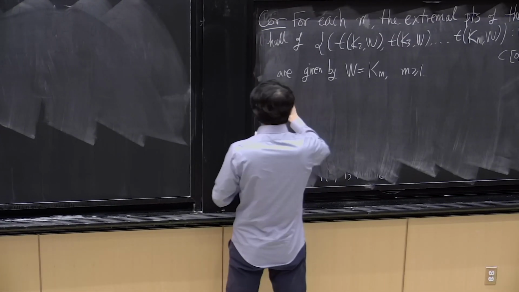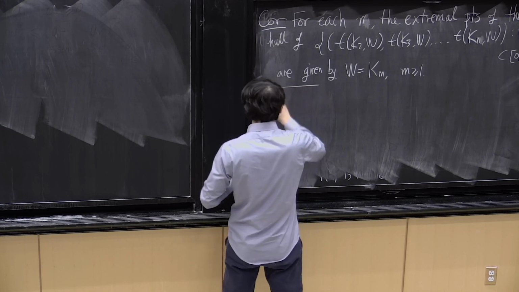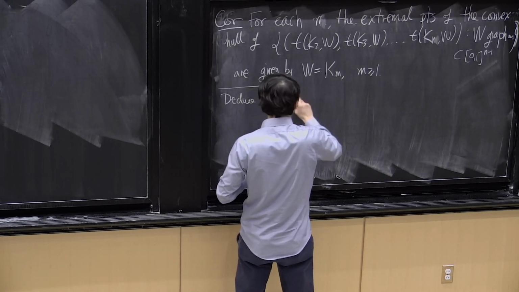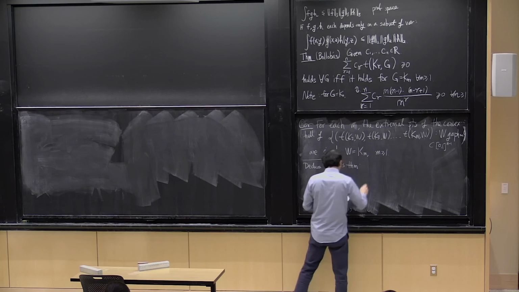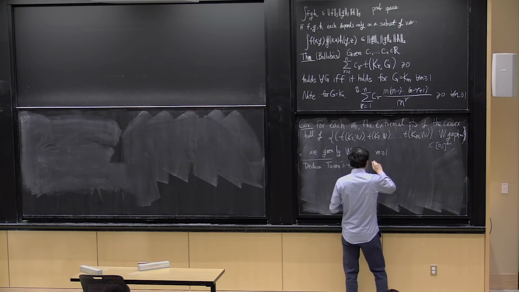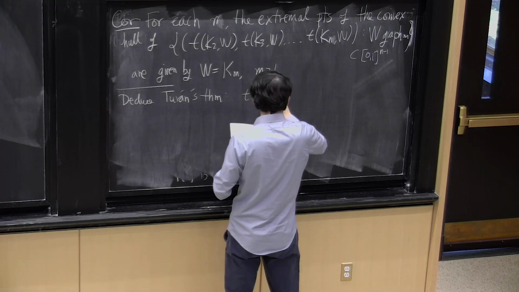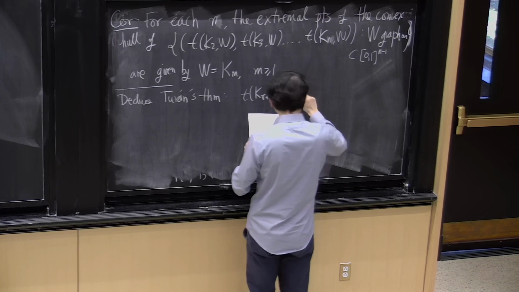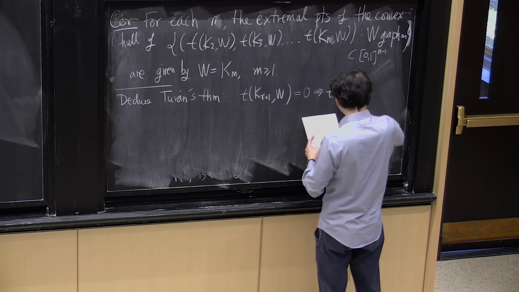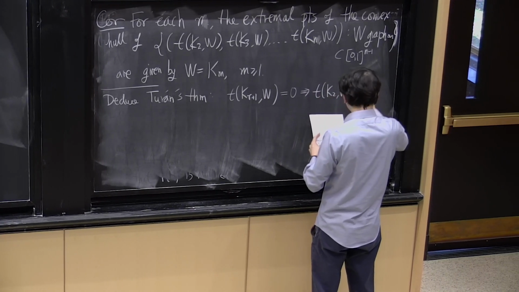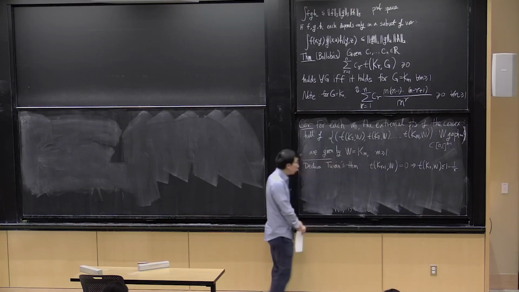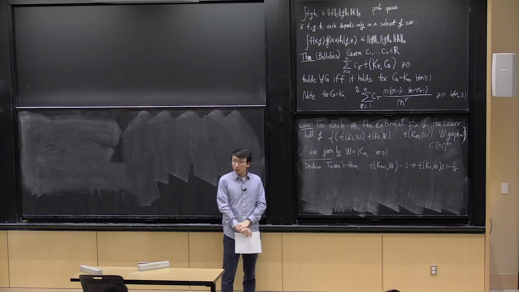So for example, we can also deduce very easily Turán's theorem. Okay. So what does Turán's theorem tell us? It tells us that if the r plus 1 clique density is 0, then the K2 density is at most 1 minus 1/r.